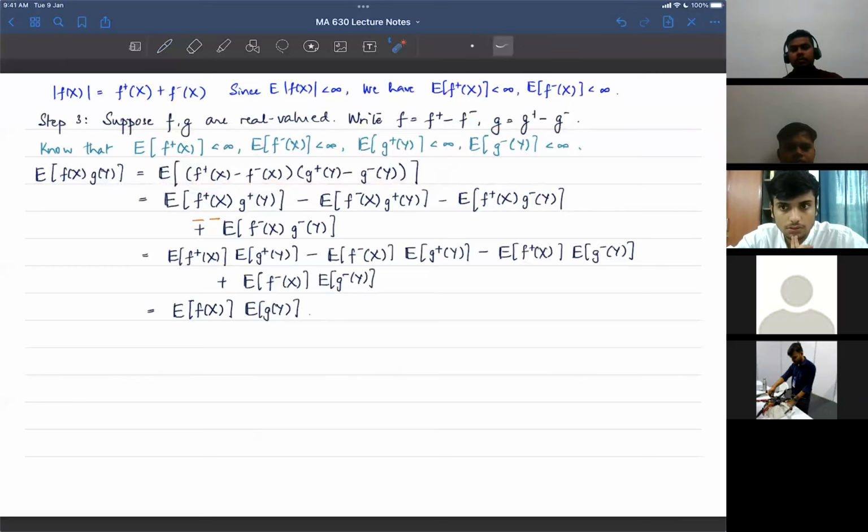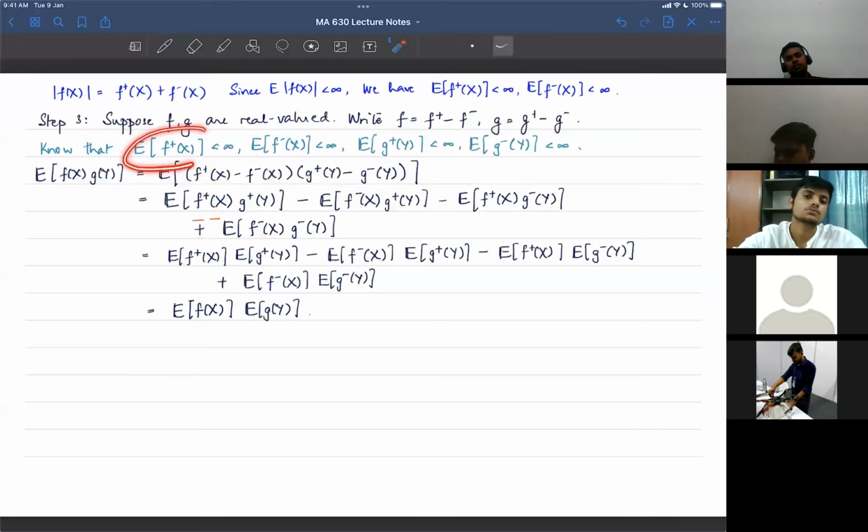And now you tell yourself, let me expand this out. When I expand that out, I will get 4 terms. Now, remember that we have already done steps 1 and 2. So this will be expectation f plus x g plus y minus expectation f minus x g plus y minus expectation f plus x g minus y plus expectation f minus x g minus y. Now, I have shamelessly split up the expectation into 4 pieces, and I can do that. Why can I do that?